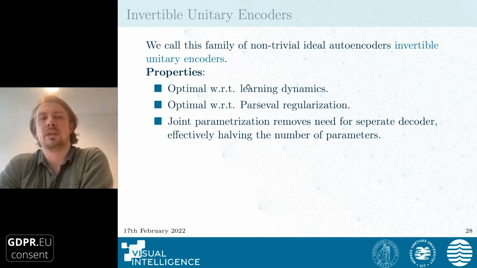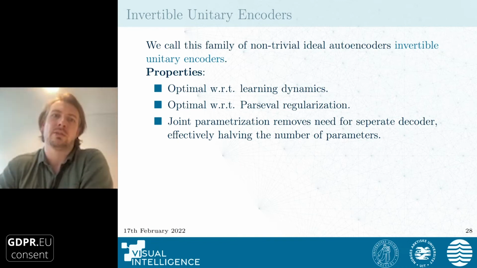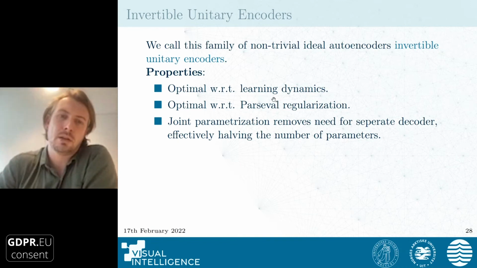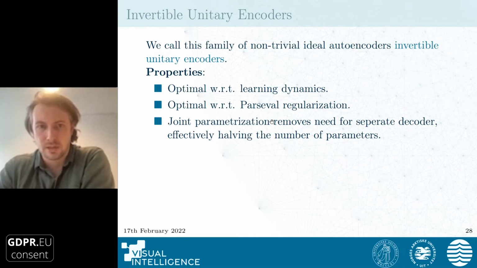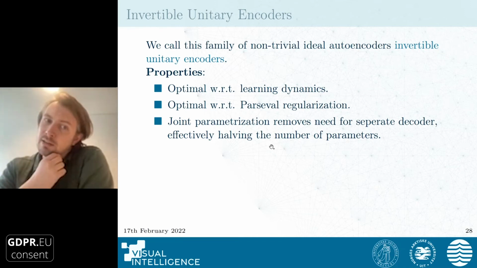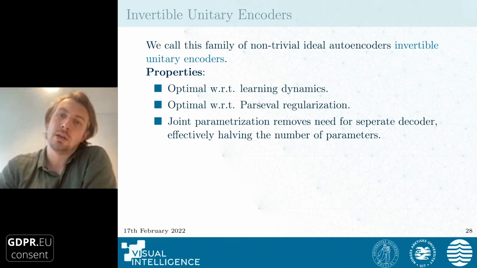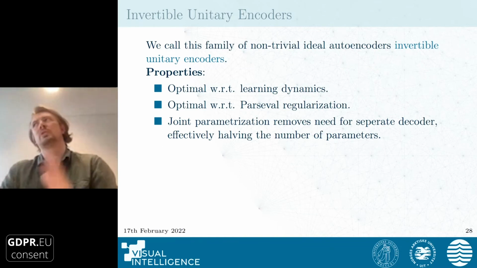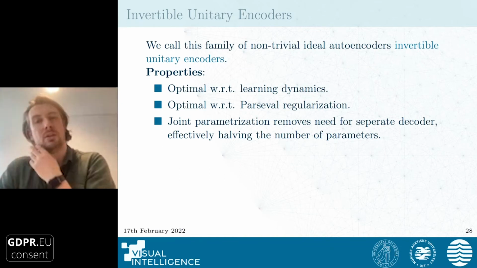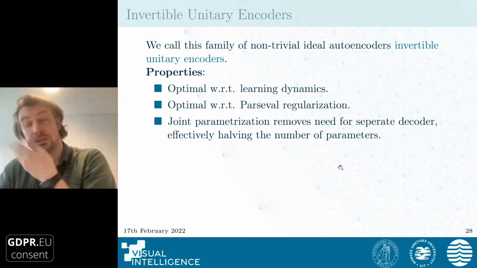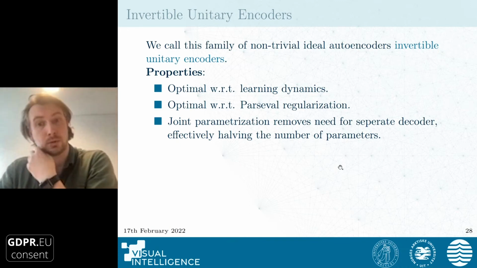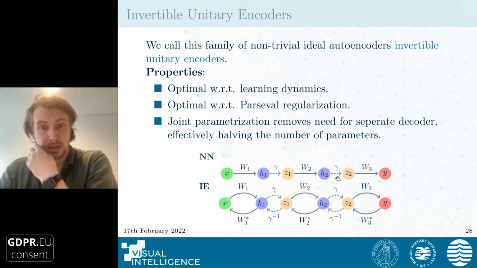The properties that invertible unitary encoders have is that they're optimal with respect to learning dynamics and optimal with respect to Parseval regularization, like we talked about. And the joint parametrization removes the need for a separate decoder, which can effectively halve the number of parameters in the model, which can be a very attractive prospect in some cases.